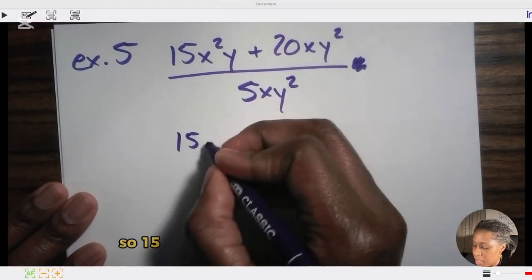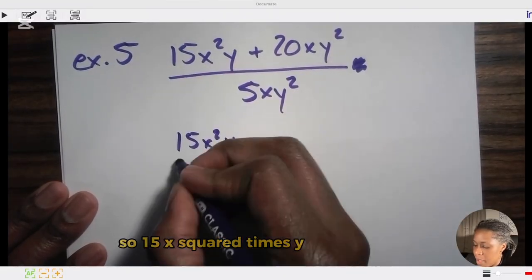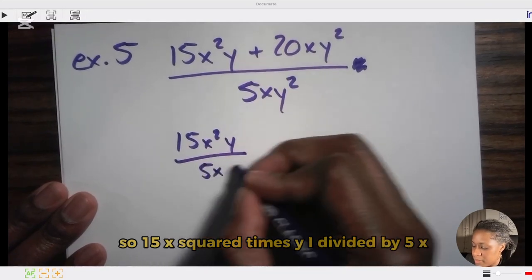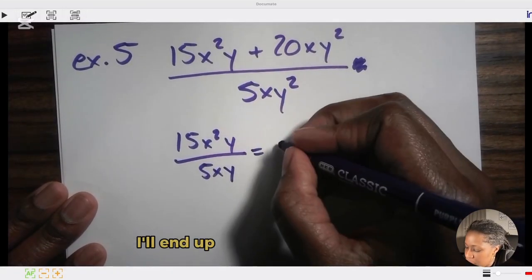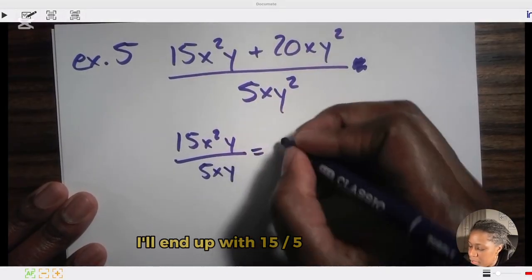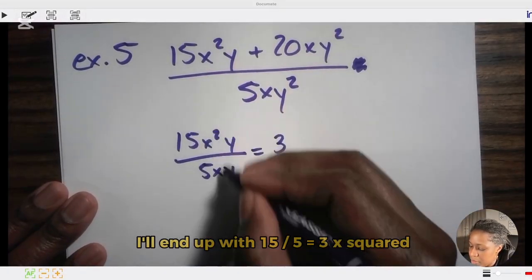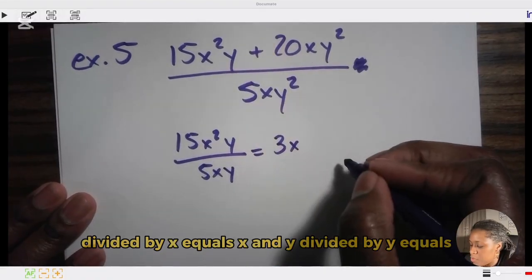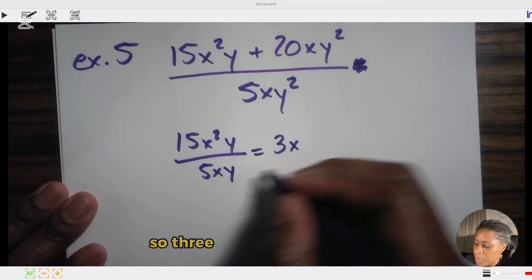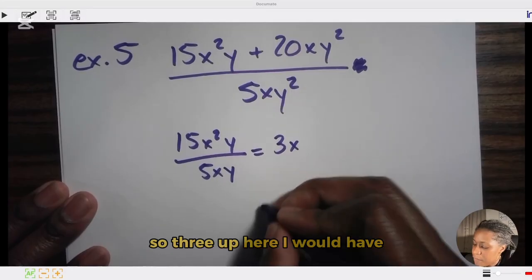So 15x squared times y, if I divide it by 5x, and I know I have at least one y here, I'll end up with 15 divided by 5 equals 3. X squared divided by x equals x, and y divided by y equals 1. So 3. Up here, I would have 5.